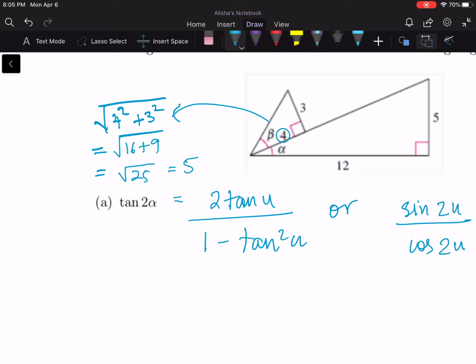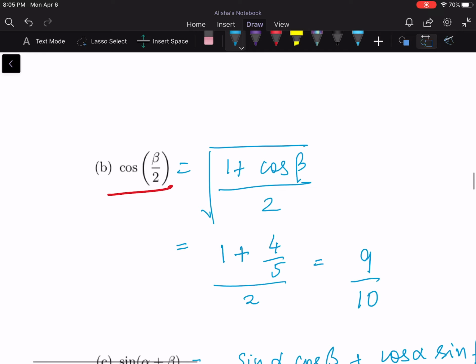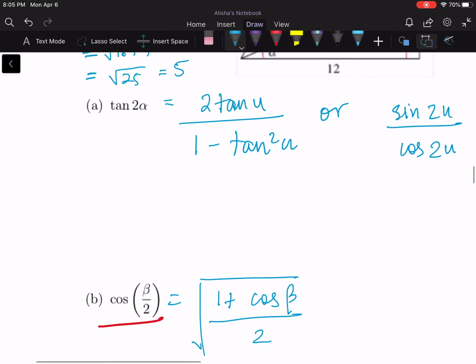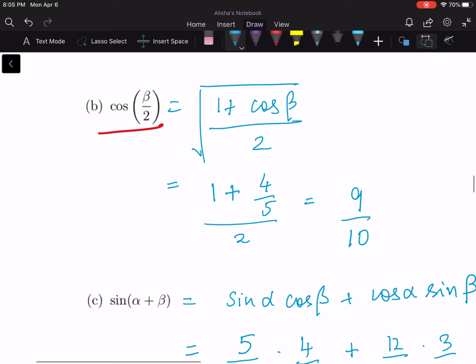That's 5. Some of you might remember this as a 5-4-3 triangle or something like that. So we know that cosine beta must be 4 over 5, adjacent over hypotenuse. So plugging in, simplifying, you should get that cosine beta over 2 is 9 over 10.